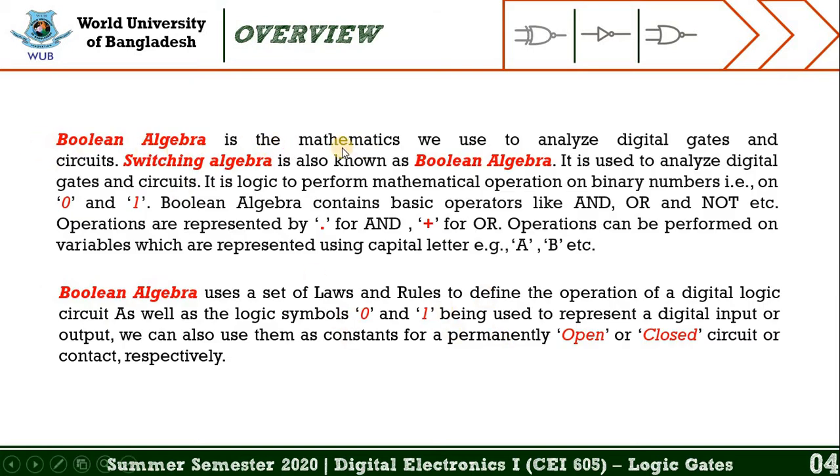Boolean algebra is the mathematics we use to analyze digital gates and circuits. Switching algebra is also known as Boolean algebra. It is used to analyze digital gates and circuits. It is logic to perform mathematical operations on binary numbers, that is on 0 as well as 1.